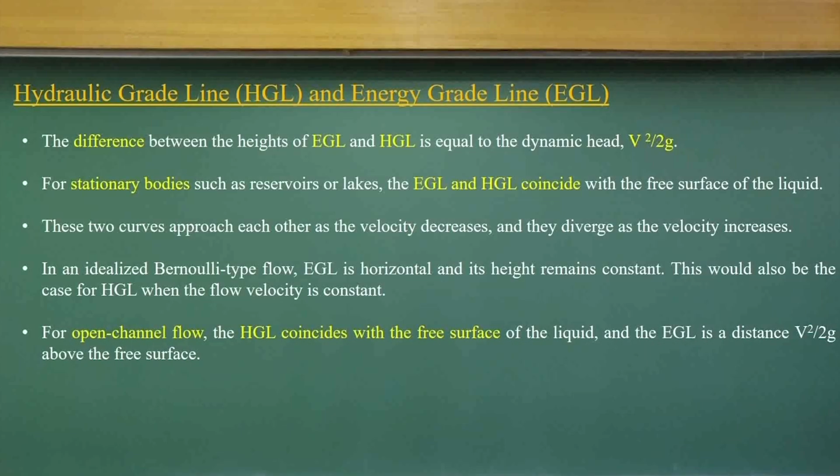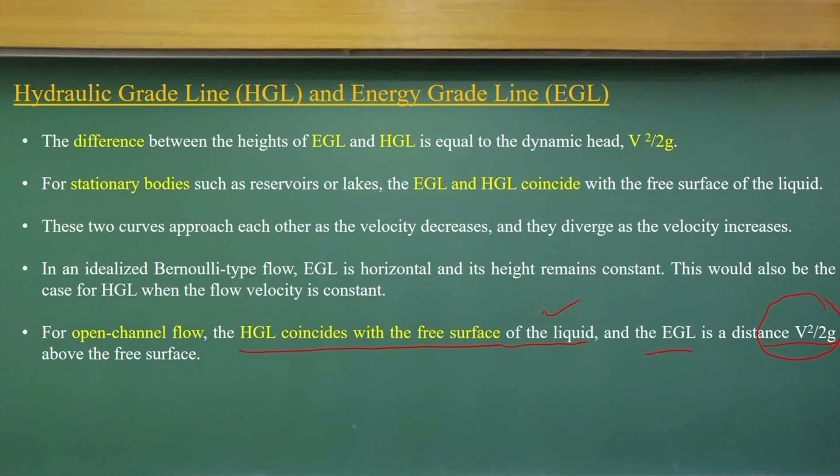We are not discussing open channel flow here, but in the case of open channel flow, the hydraulic gradient line coincides with the free surface of the liquid, because there is no pressure head. Whatever the free water surface is, that will be the hydraulic gradient line, and the energy gradient line will include the velocity head above the free surface.